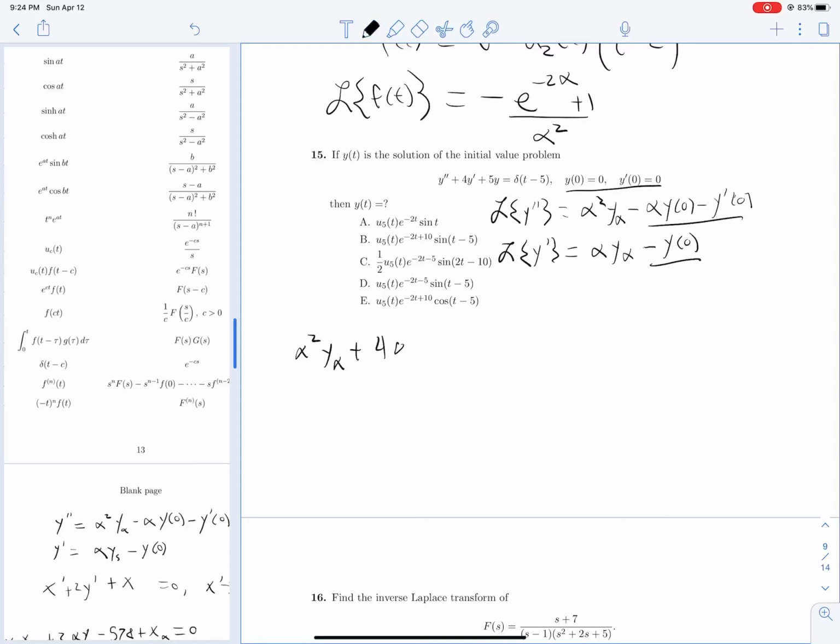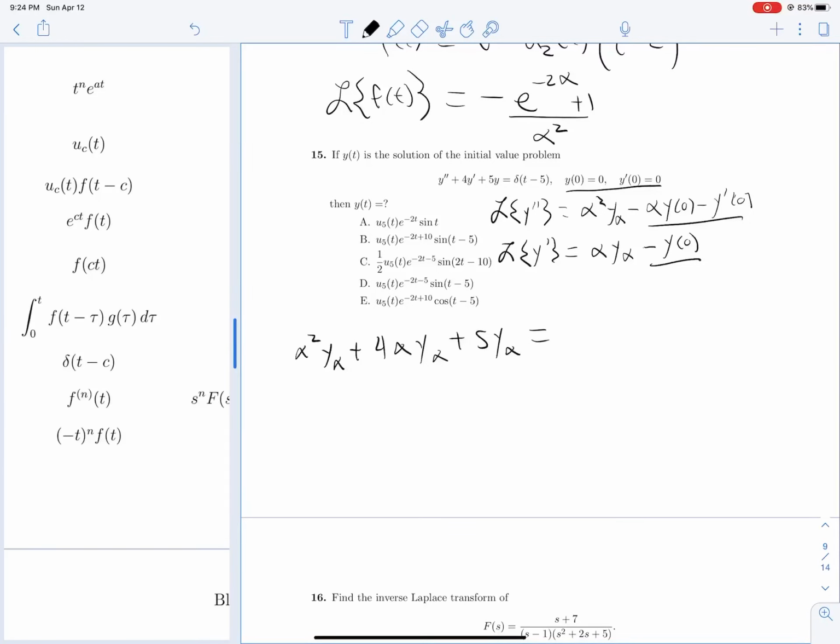Plus 4 alpha y alpha, transforming this 4y prime, and then plus 5 y alpha is equal to the Laplace transform of gamma of t minus 5. Yet again, disclaimer, I keep forgetting to look up whether or not this is actually called gamma.